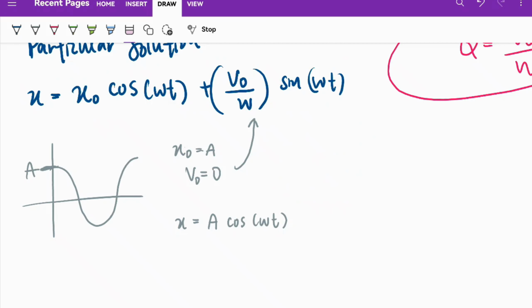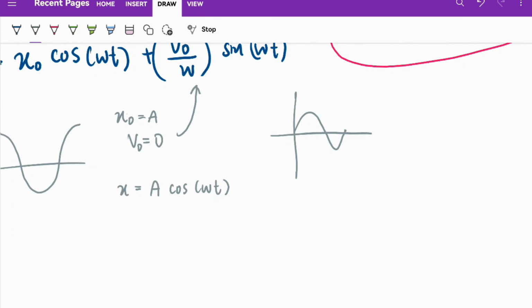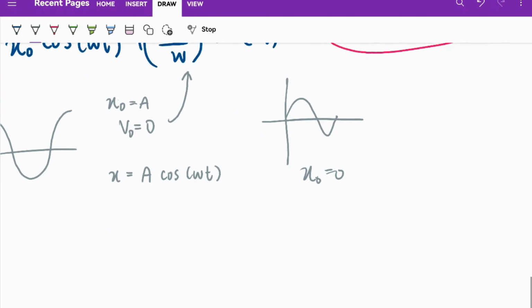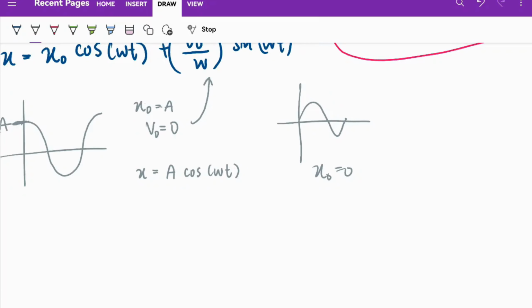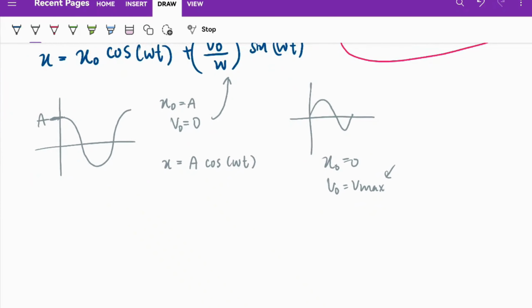Now how about sine? If you want to get a sine graph, that means it must start at the equilibrium. Equilibrium means your x naught is 0, right? So when your x naught is 0, your v has a value. Your v naught is basically v max, because it's just at the equilibrium.